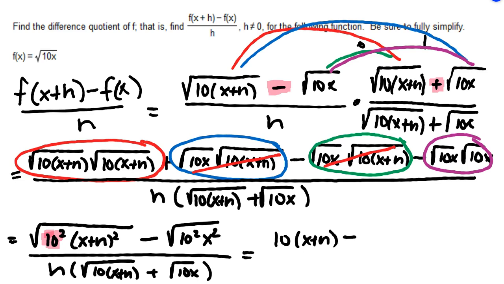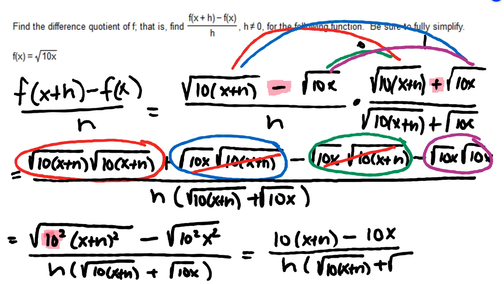And then we have square root of 10 squared again, so we have another 10. And square root of x squared would give me x. My denominator is staying the same: h times square root of 10 times x plus h plus square root of 10x.